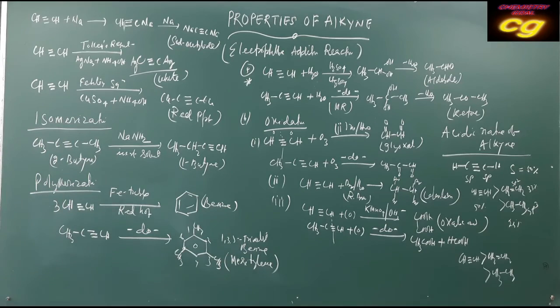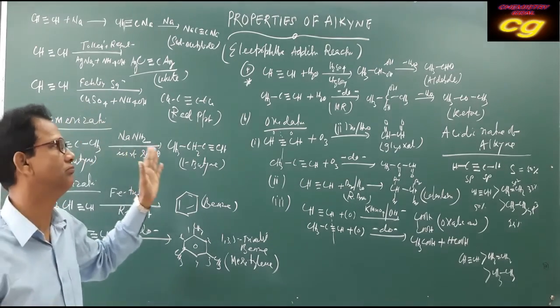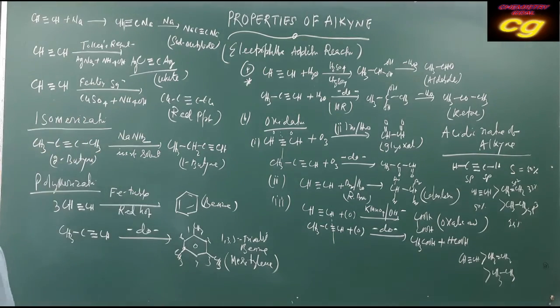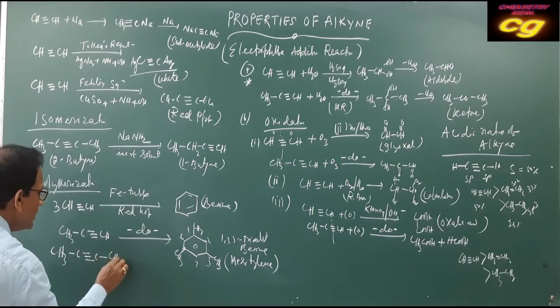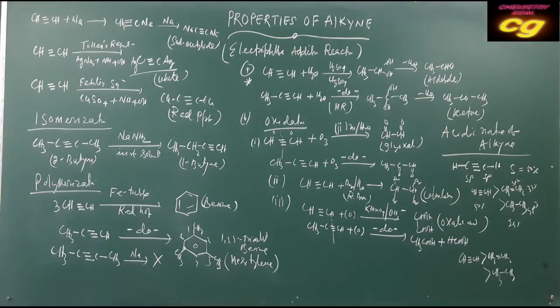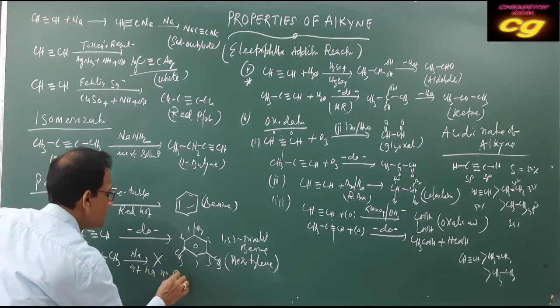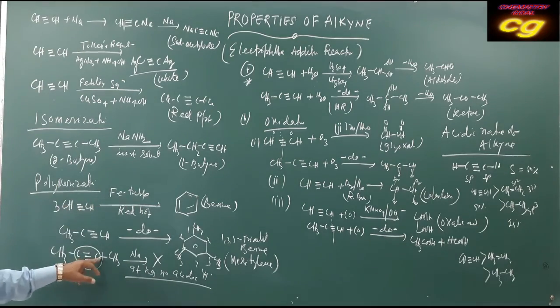So these are very important reactions of alkyne. Mainly the reactivity of alkyne depends upon the hydrogen attached to the carbon-carbon triple bond. Suppose this one does not react with sodium metal, no reaction. Why does it not react with sodium metal? Because it has no acidic hydrogen attached to the triple-bonded carbon.